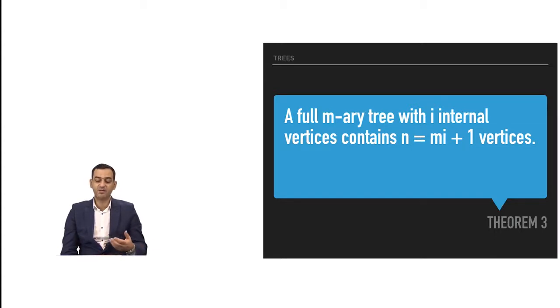For example, for a binary tree, m equals 2, and i equals the number of internal vertices in the tree. So the total number of vertices in this tree, n, equals m multiplied by i plus 1.